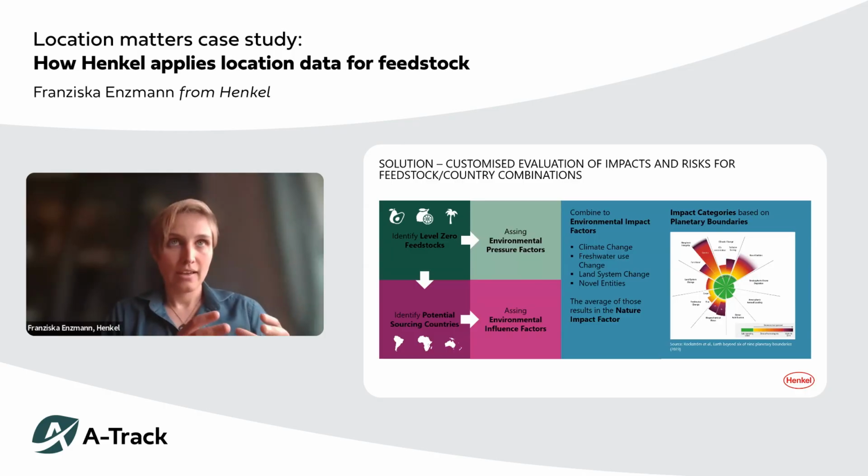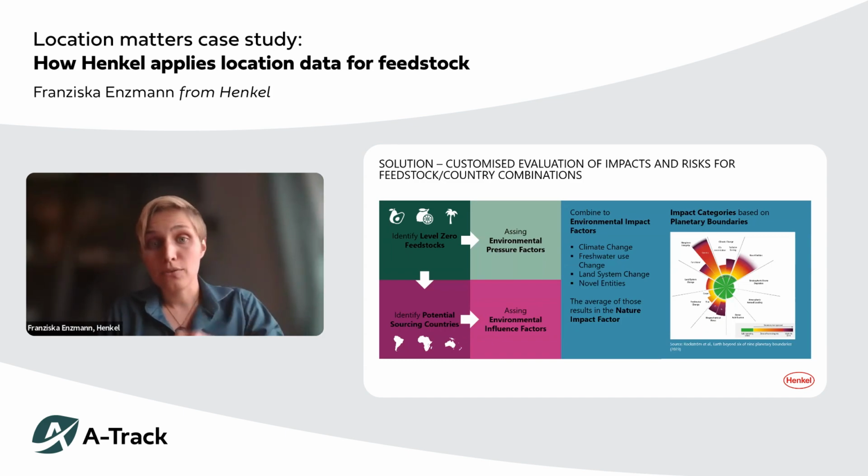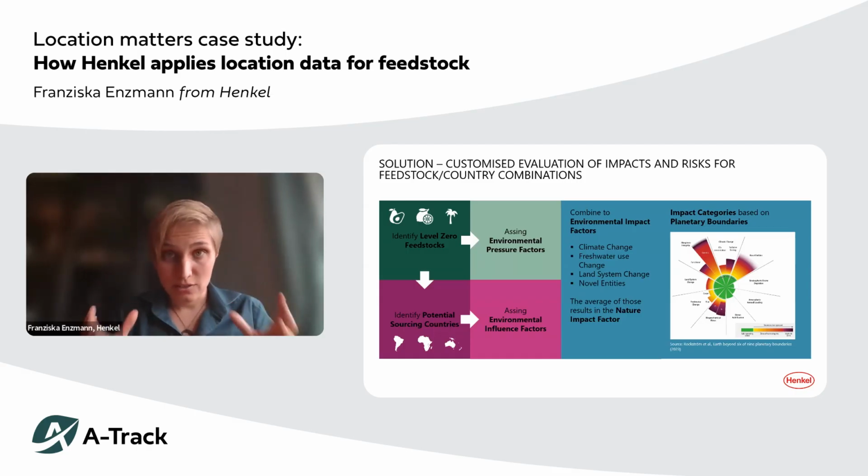If we have a very water scarce country, the environmental influence factor is defined to be very high, because we already lack water, and this is what Bianca just told also in the last presentation. And now if we take water, even just a little, from this country, we have a relatively huge impact because the surrounding ecosystem is already stressed.